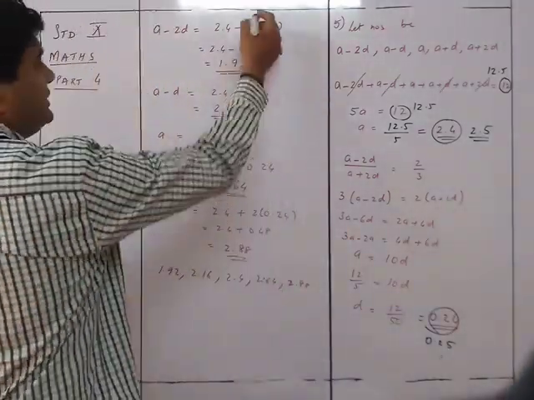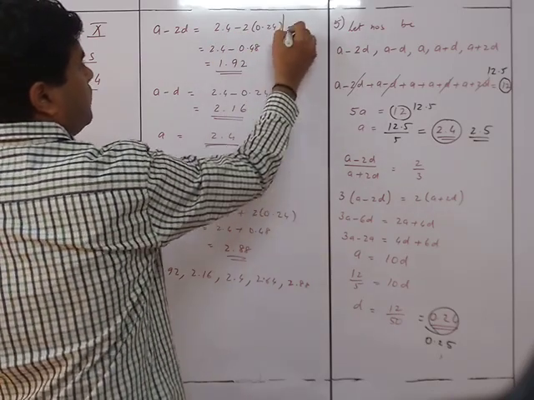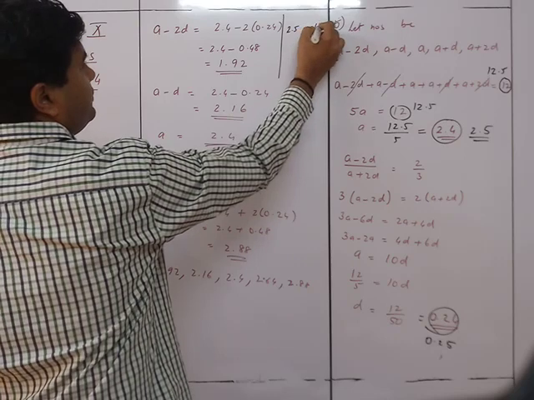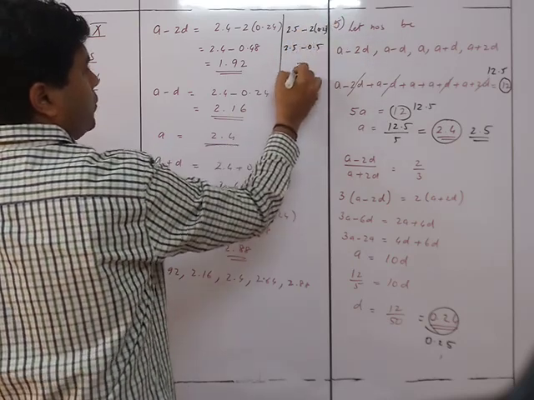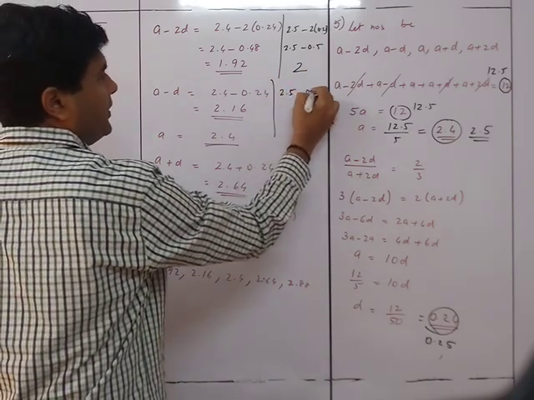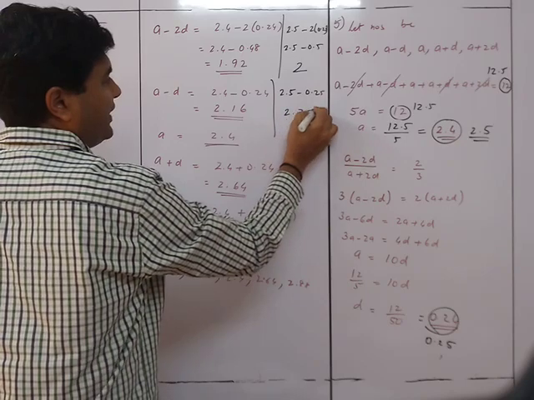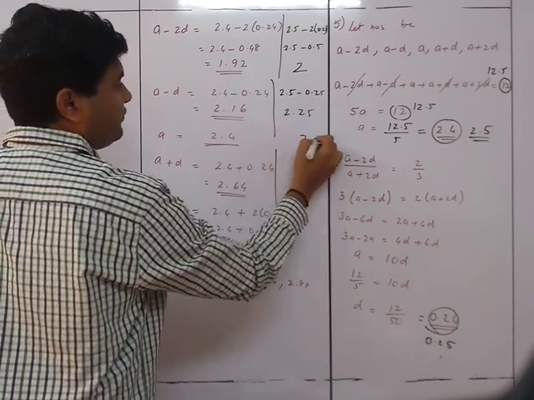So accordingly, this will also become 2.5. So here it will be 2.5 minus 2 into 0.25. It will be 2.5 minus 0.5. That will be 2. Okay. Here it will be 2.5 minus 0.25 will be 2.25. Here it's 2.5. Okay.